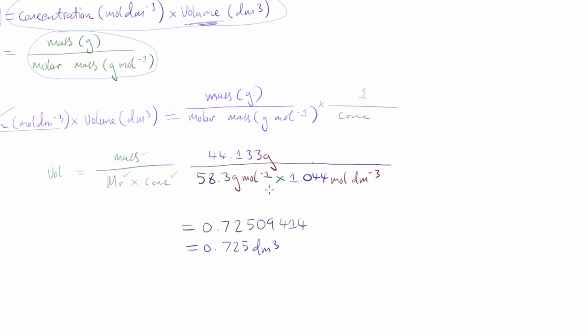So if we just write out the units, we've got grams divided by, and then I'm going to put each of these in brackets, grams per mole, so moles to the -1, multiplied by moles per dm cubed, so multiplied by moles multiplied by dm to the -3.